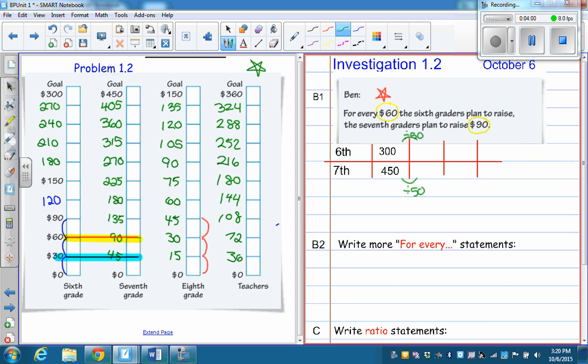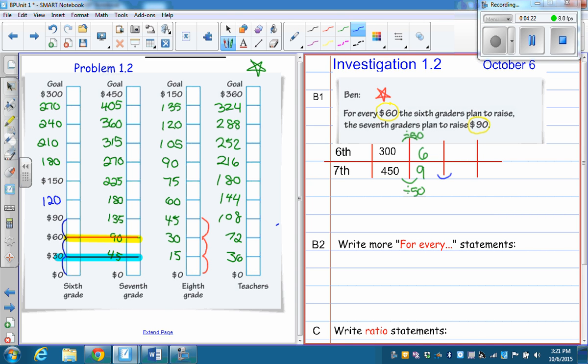So if I divide by 50, how many times does it go into 300? It goes into 300 6 times. So he made a big quick jump, and it goes into 450 9 times. 9 times. Okay?